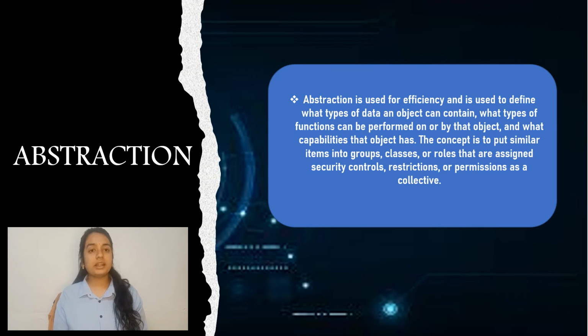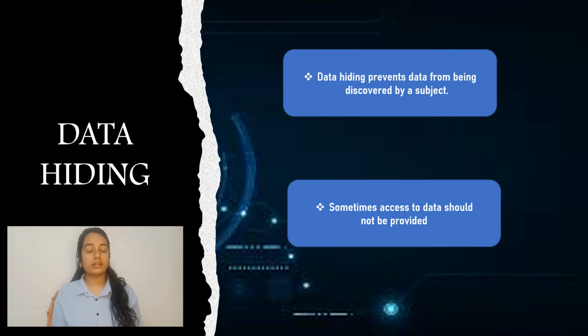Abstraction basically will capture an object and define what types of data an object can contain, what types of functions can be performed on or by that object, and what capabilities that object has. The next one is data hiding: keeping a database from being accessed by unauthorized visitors, restricting a subject at a lower classification level from accessing data at a higher level, and also preventing an application from accessing hardware directly.